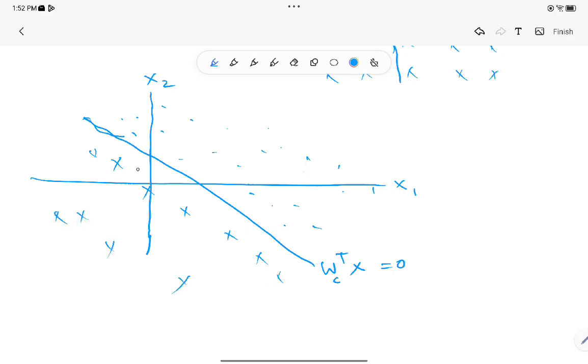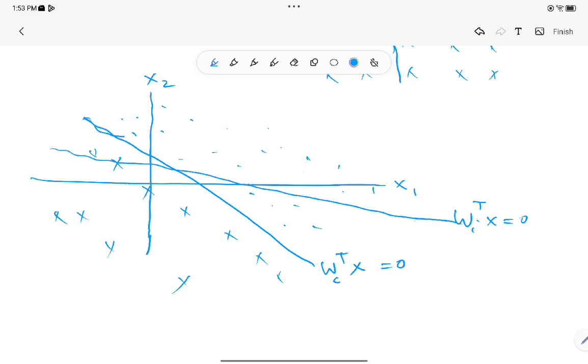Now suppose I have an incorrect w, and suppose I take this as the wrong w. For this incorrect w, the equation of this line will be incorrect w^T x equal to 0, just like the correct one was w^T x equal to 0. Now look at the two sides of this incorrect line. There are some points.